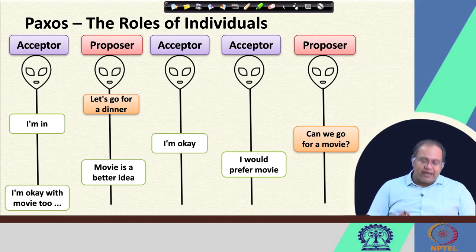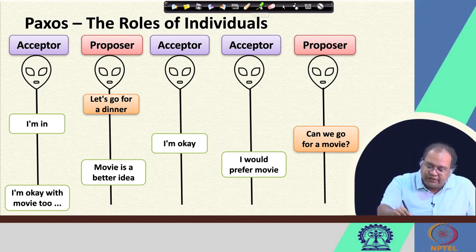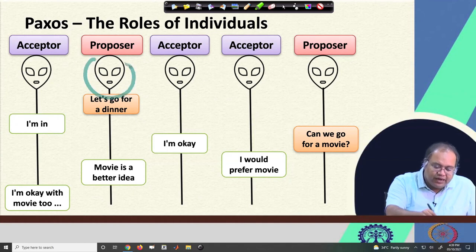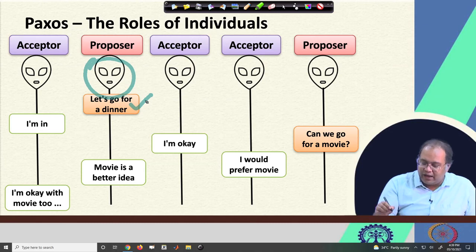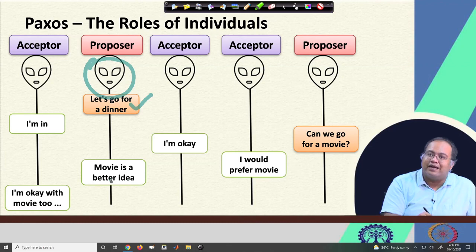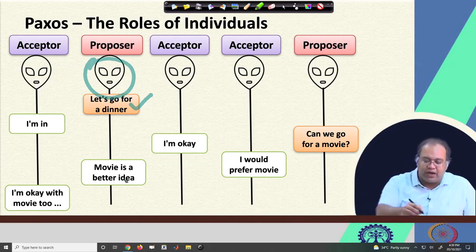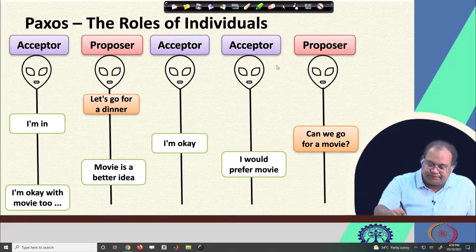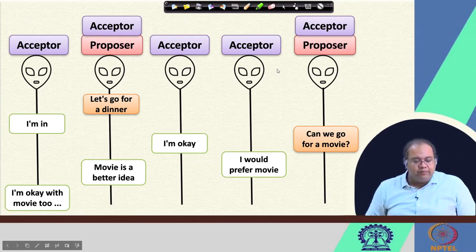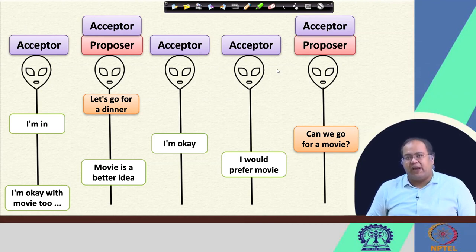Now, interestingly, for this particular guy, we see that he had initially made a proposal for dinner, but when another guy made a proposal for movie, he agreed on that movie. So, he has accepted this proposal of movie. So, he has actually a kind of dual role. He is working like a proposer as well as an acceptor. So, a proposer can also be an acceptor in Paxos.